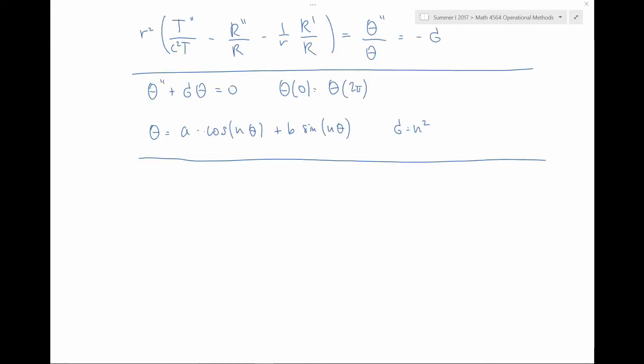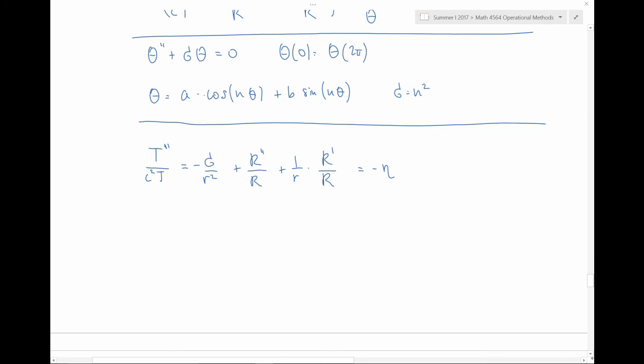Breaking apart the left side fraction, we get that T double prime over c squared T should be equal to minus sigma over r squared plus R double prime over R plus 1 over r times capital R prime over capital R. And given that both sides of this equation depend on different variables, this must be another constant.